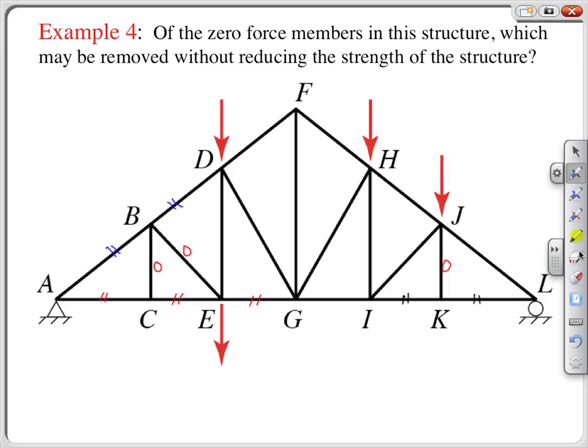Even though we didn't have specific numbers for the forces, we can still draw conclusions about which, if any, zero-force members can be removed, assuming the applied loads are vertical and downward as shown in the slide.